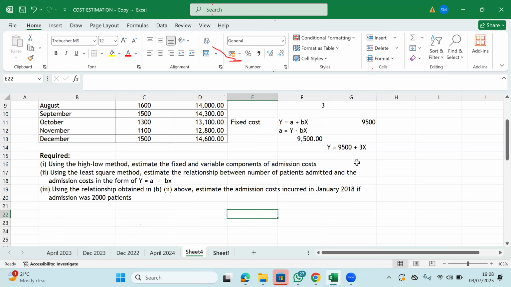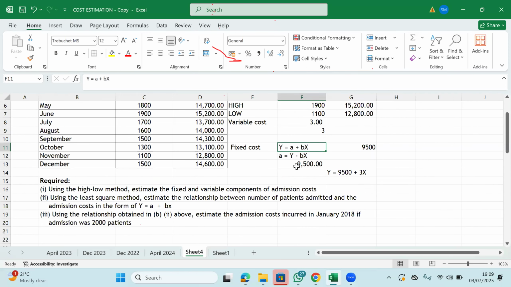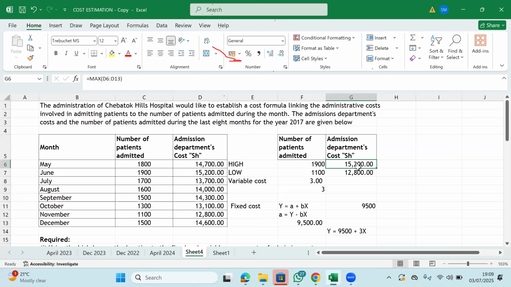Maybe someone is asking us how we've gotten it. I think we had that discussion here, how we would get our A. If you are keen here, then it shouldn't be a challenge getting it from the data that we have. The only thing we said is that you need to talk about what your Y is. Our Y was 15,200 minus BX.